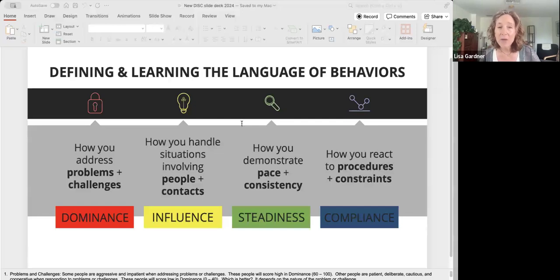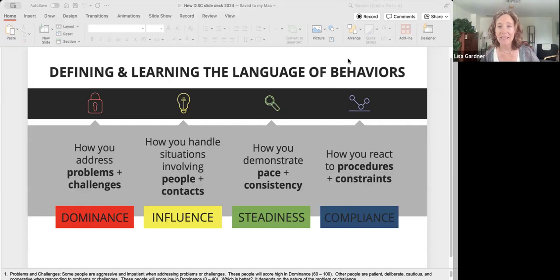So we're each a unique mixture of these 4 scales that you see on the slide. Our unique combination can set us apart, but the similarities that we do have are enough to help us gain insight and understanding to help teams and organizations to improve communication, reduce anxiety, increase trust, and build connections.